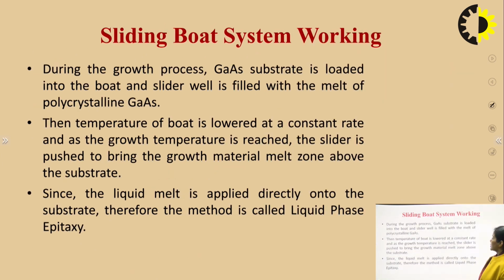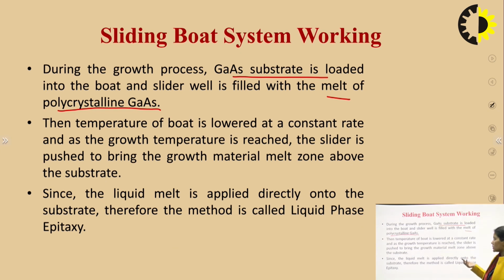During the growth process, the gallium arsenide substrate is loaded into the board, and the slider well is filled with the melt of polycrystalline gallium arsenide. As I told you, this is the process of depositing a monocrystalline layer on a monocrystalline substrate. The substrate can be of the same material or of a different material.